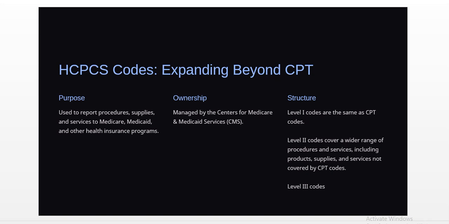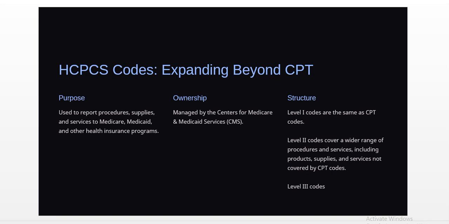Most of the time, we will use HCPCS codes for procedures, supplies and services for Medicare, Medicaid and other health insurance programs. So basically, these HCPCS codes are based on client requirement. These HCPCS codes are managed by CMS and are available in the public domain, whereas CPT codes are not available in the public domain.